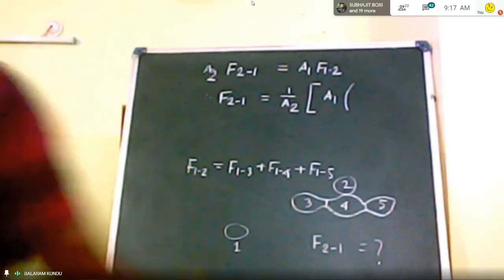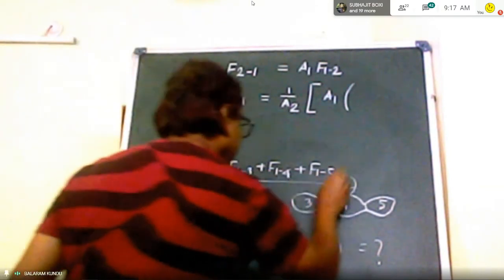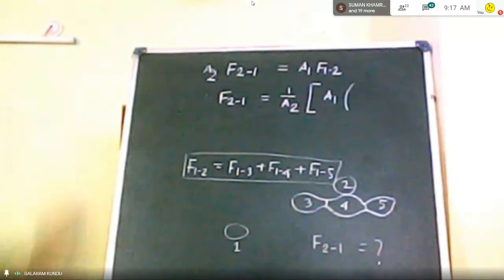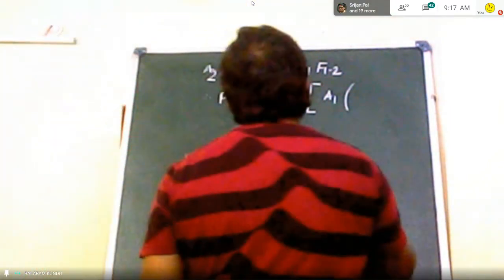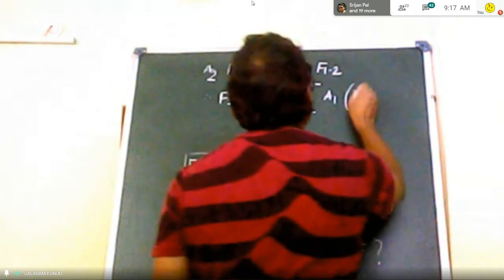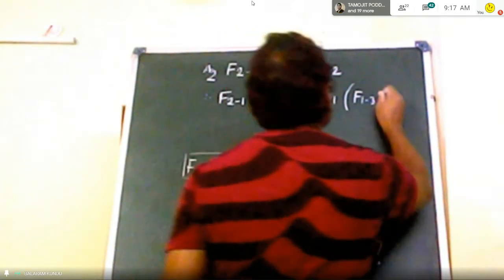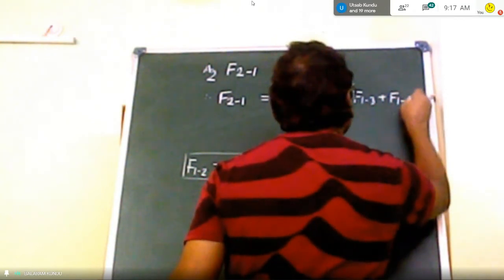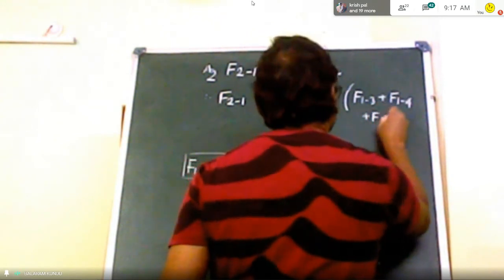So this relationship has been obtained from the summation rule of the shape factor. We use this expression, then here we can write A1 into F of 1, 2, 3 plus F of 1, 2, 4 plus F of 1, 2, 5.